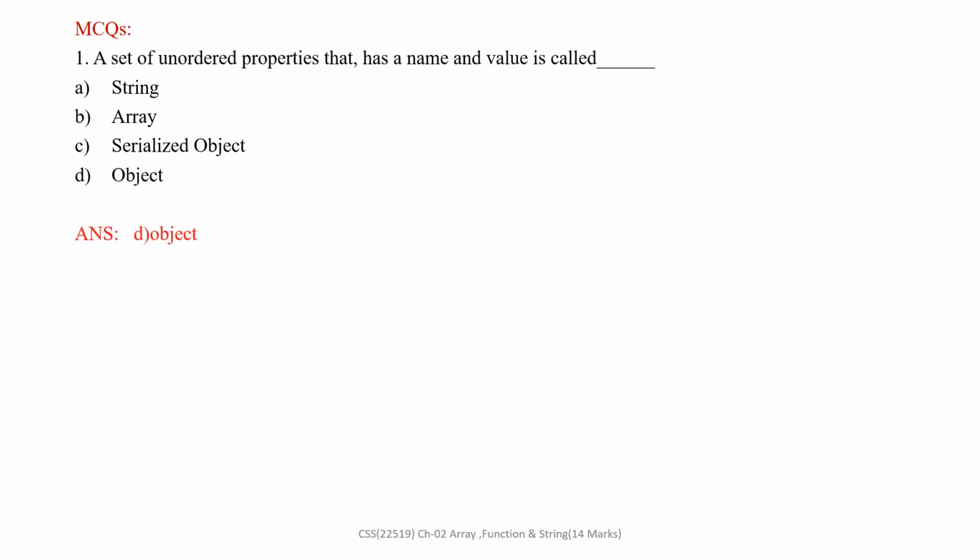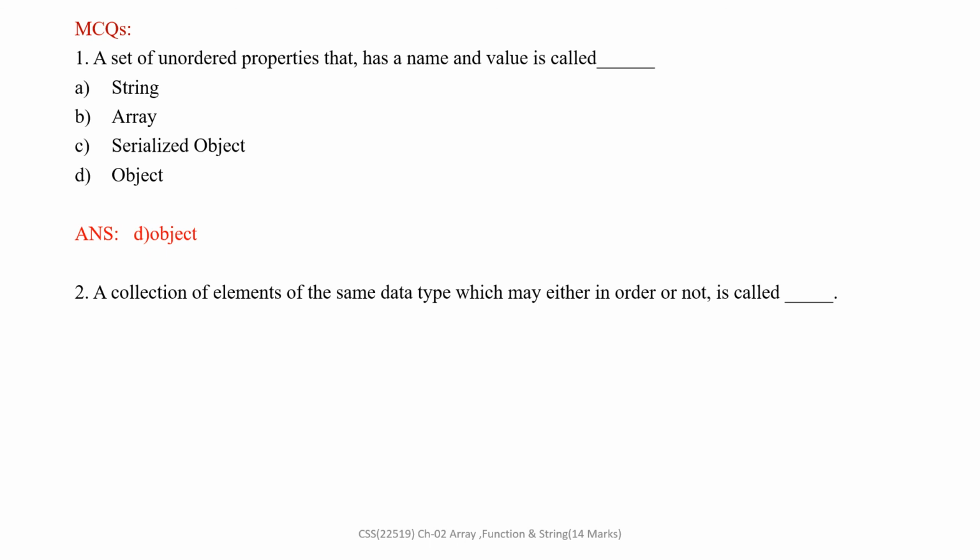The answer is object. Now the second MCQ: a collection of elements of the same data type, which may be either in order or not, is called dash. The options are string, array, serialized object and object. The answer to this question is array.